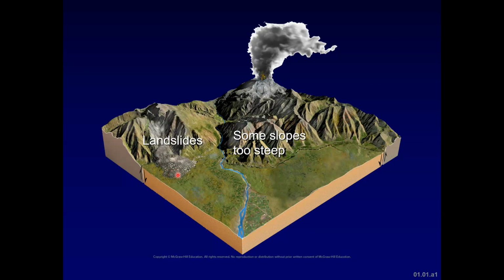You don't want to live in an area where landslides are prevalent because you're going to end up in the pathway of one. You obviously have to look out for volcanic eruptions. And areas with earthquakes that are located along faults where there's movement, you would have to be careful about living in those areas.